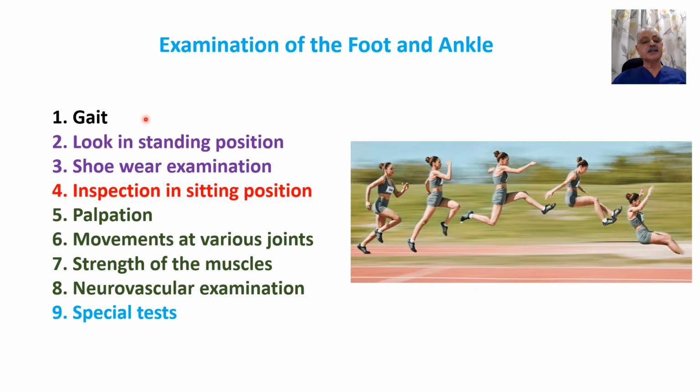And first, I start observing the patient in the sitting position and then palpate the various structures on the medial, anterior, lateral, and the posterior side of the ankle, and then in the midfoot and the forefoot region, and then, of course, the toes. Once I have palpated the structures, then I move towards appreciating the movements at the various joints and the strength of the muscles which are crossing the joints.